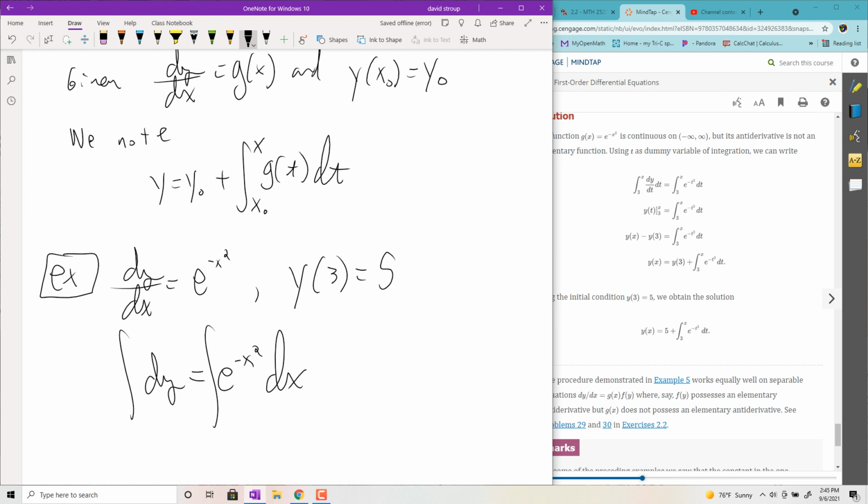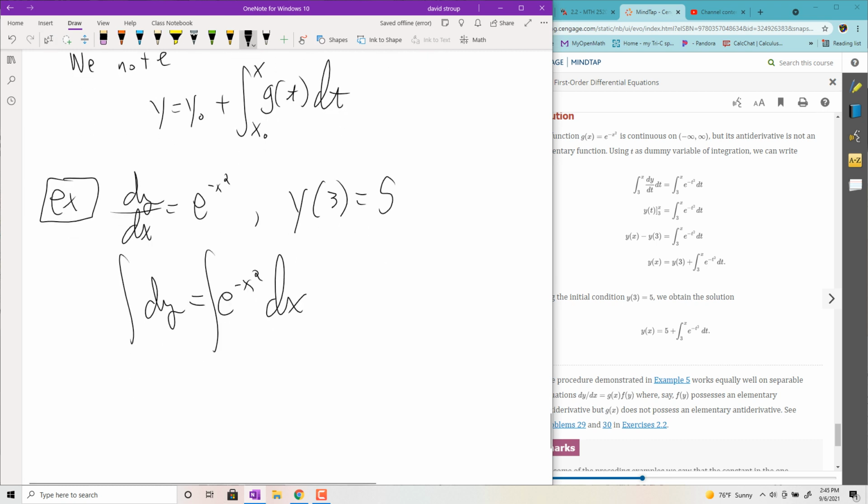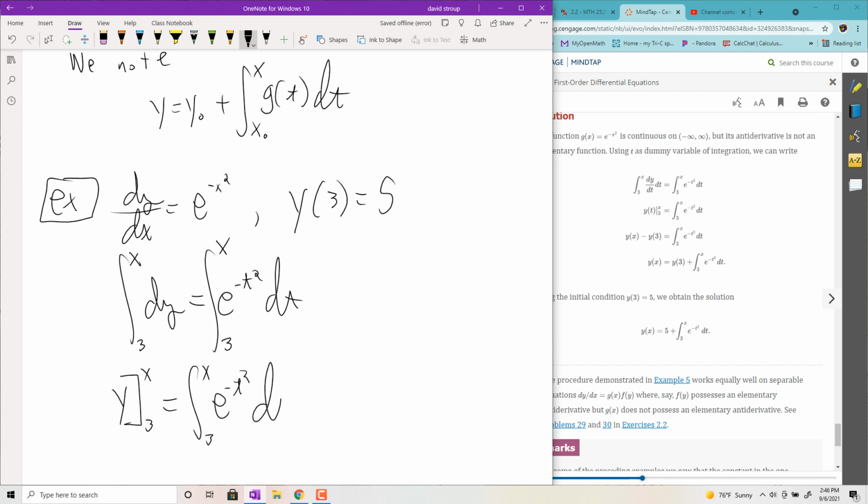But you can embed the limits into the integrals. So here you would go from 3 to x, and also here. So the antiderivative y from 3 to x, and over here you just don't know. Technically you need to use a dummy variable inside the integral like t. So let's put a t in there. So you would have the integral from 3 to x of e to the negative t squared dt.